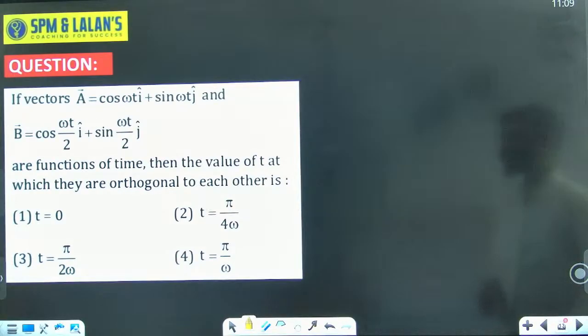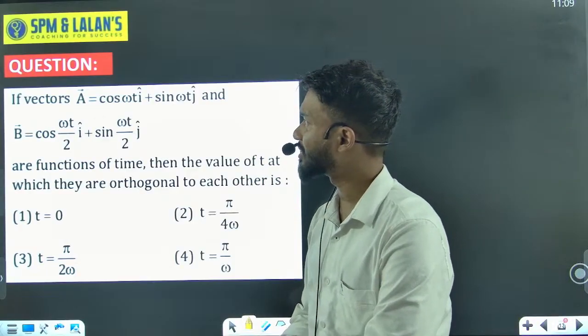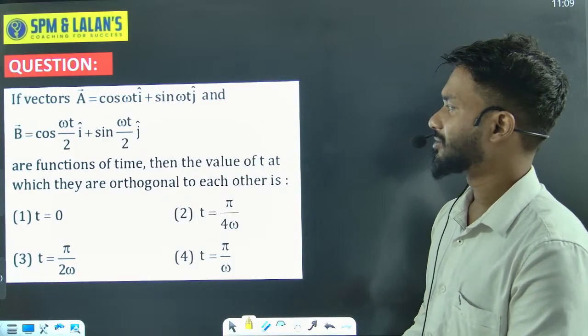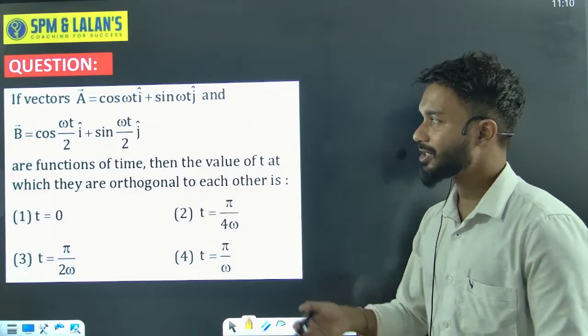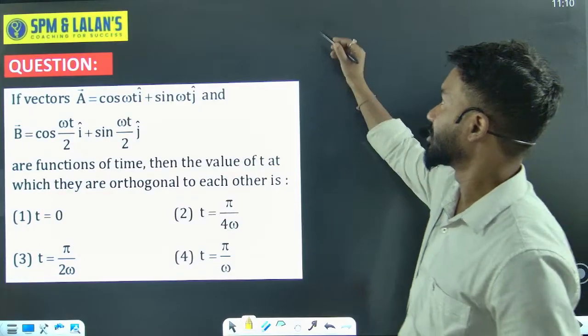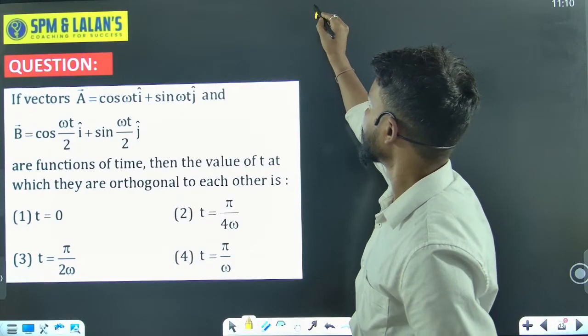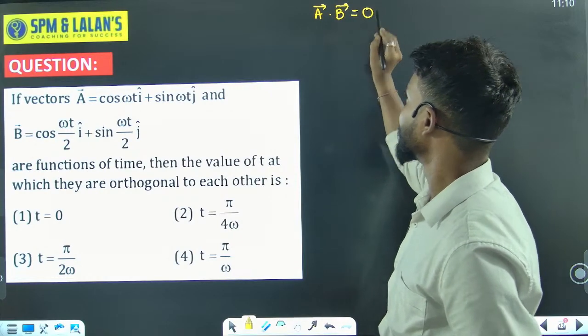Okay. Next question is, if the vectors A and B are orthogonal. This was asked in NEET earlier. Orthogonal means perpendicular, so their dot product should be equal to 0.